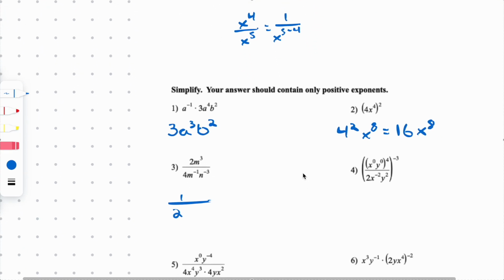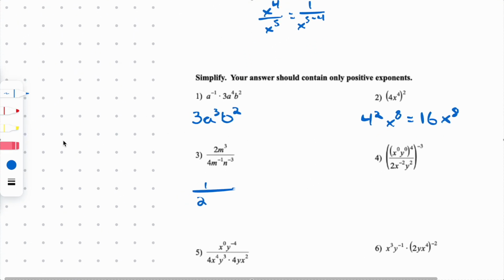Well, here, m to the 3rd over m to the, oh sorry, all my m's look like n's. This is going to be equivalent to m to the 3rd minus negative 1, which is just equal to 4 since we're subtracting a negative.